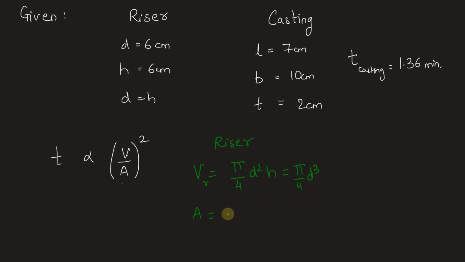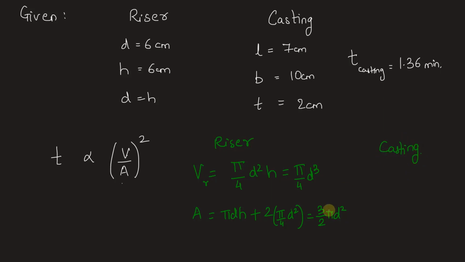So the curved surface area is pi D H plus the surface area of the top and bottom surfaces together, so it is 2 times pi by 4 D square. This turns out to be pi D square because D is equal to H again, plus pi by 2 D square, which is nothing but 3 by 2 pi D square. This was for the riser. Now let's do it for casting.